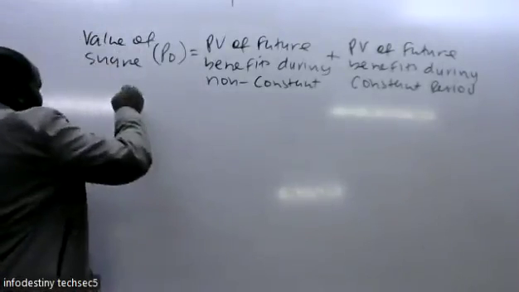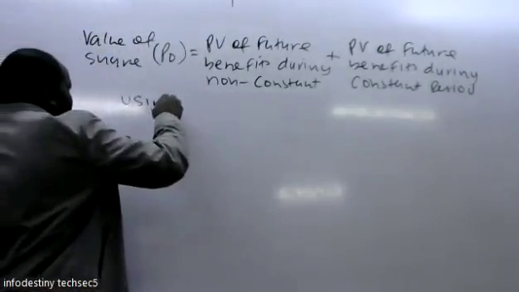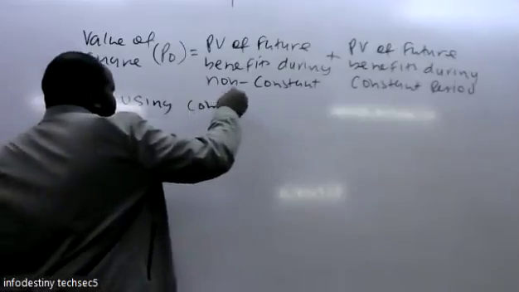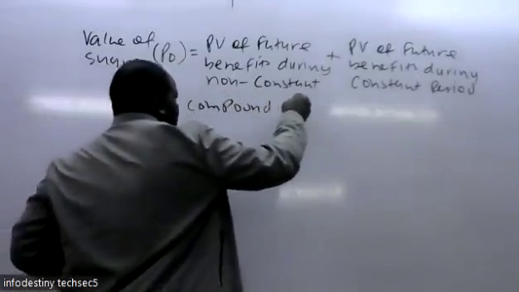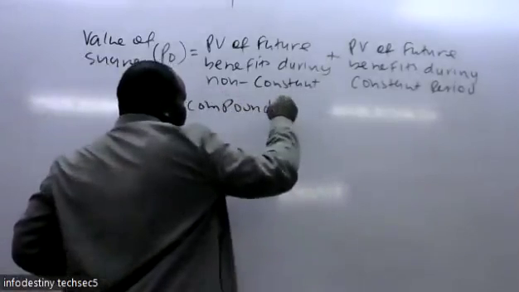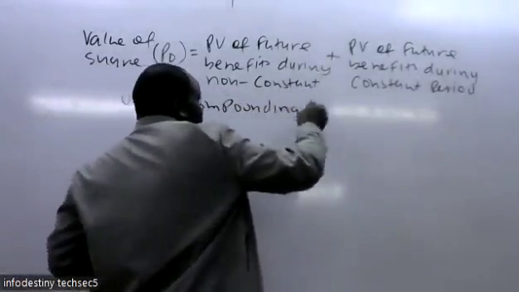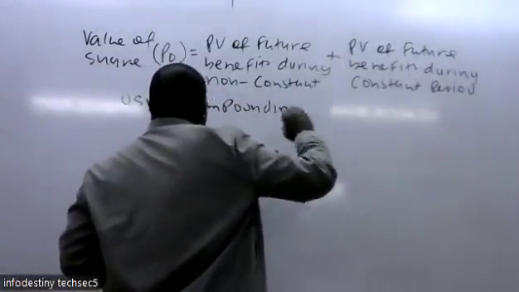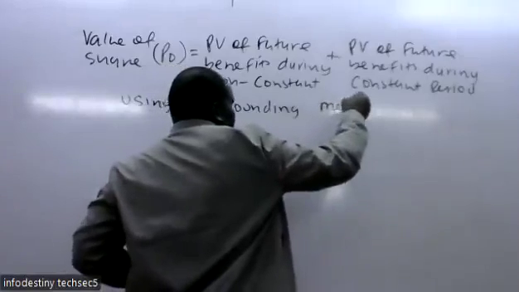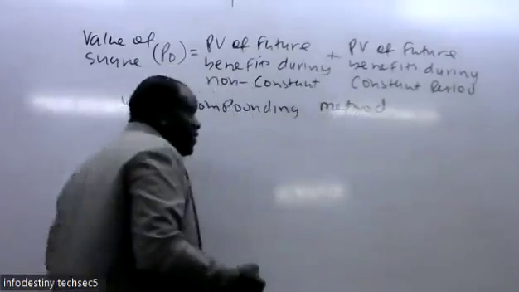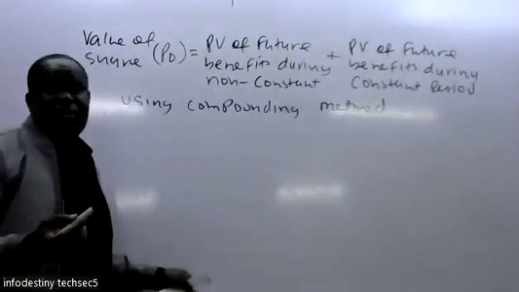Using the compounding method, we get the growth rate, because it was not given.